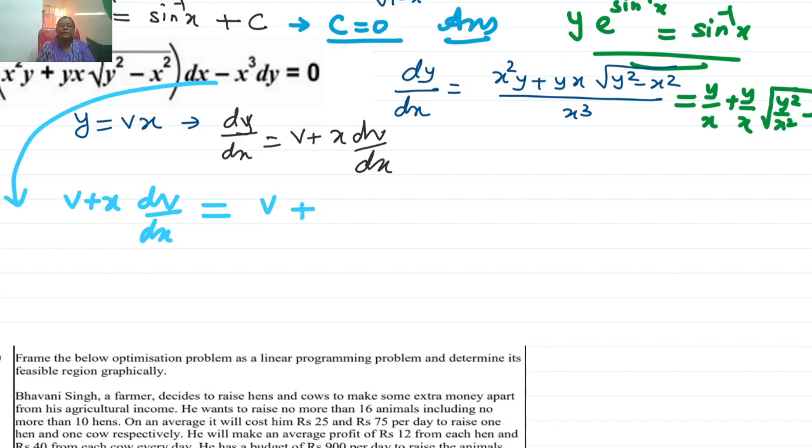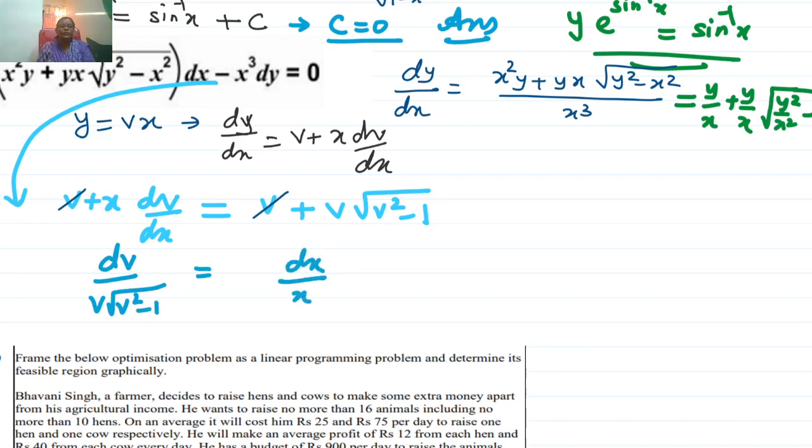It's v plus v times under root of v square minus 1. So isn't there a simplification here? v gets cancelled. After this substitution and simplification, we find that the expression reduces to variable separable form. It is dv on v times under root of v square minus 1, and the other side has dx on x, so we can integrate. Finally, the homogeneous expression after the substitution gets converted to variable separable form.